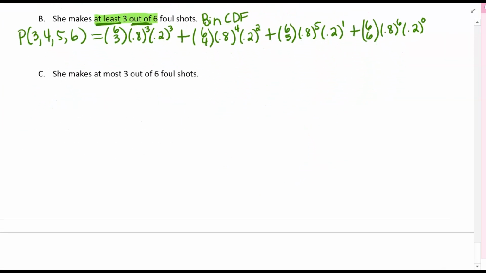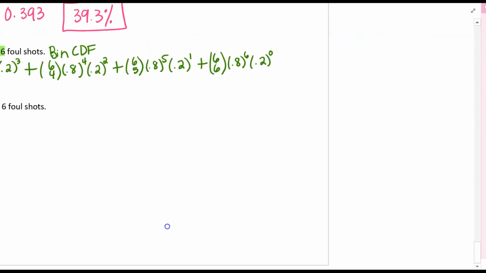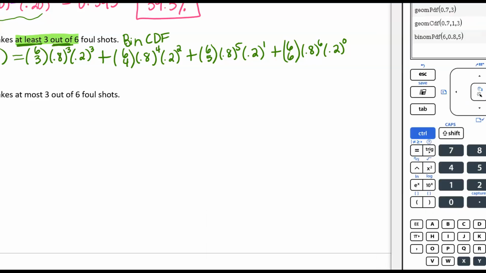All right, now we're done with that. Now you put it in the calculator. You're just doing binomial CDF, so it's quick. So menu, stats, distributions, and I think option B is binomial CDF.